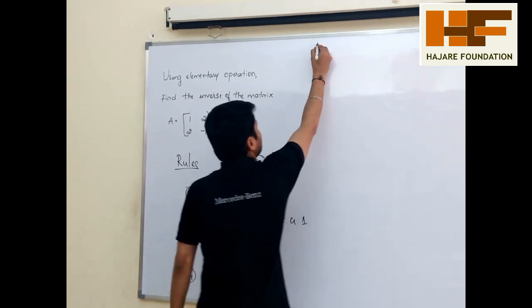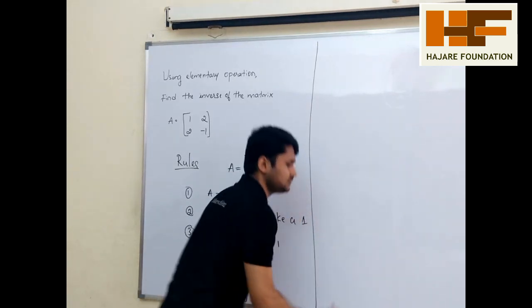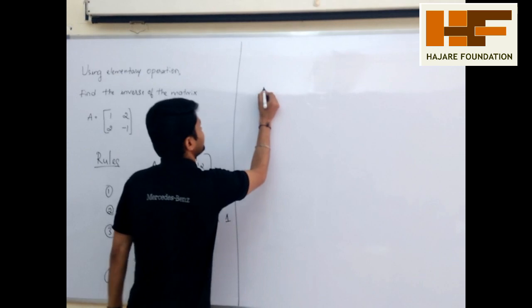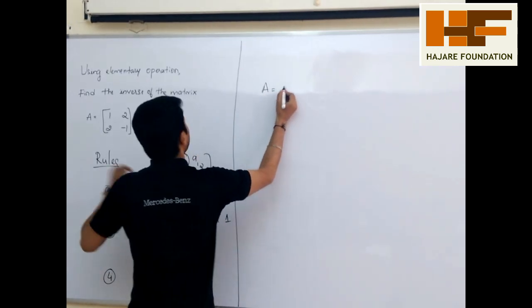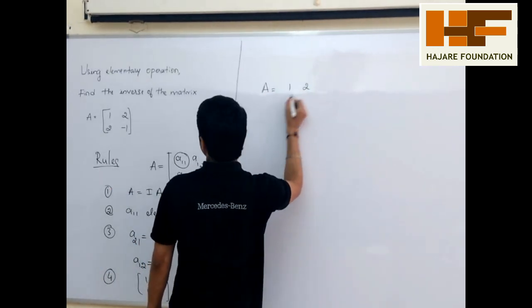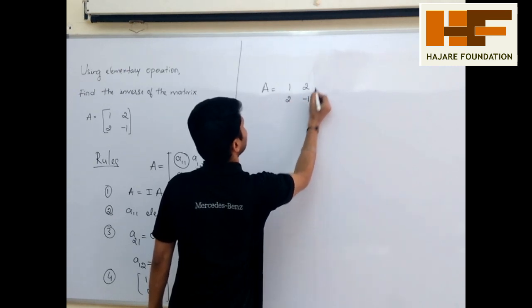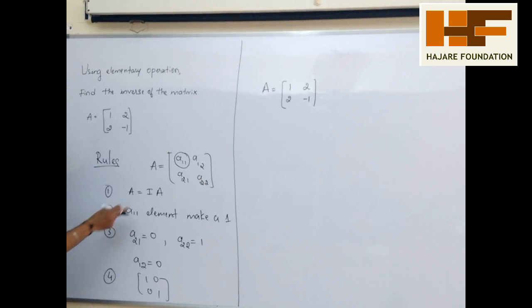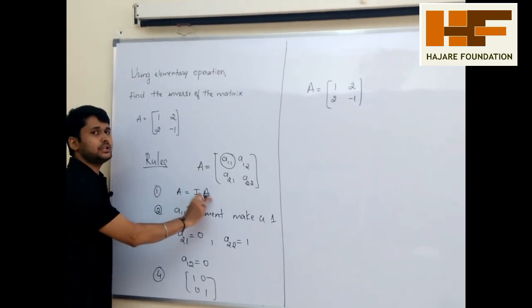Yes, go through the example. What is the given example? Write down first. A is equal to 1, 2, 2, minus 1. What does our first rule say? A is equal to I into A form.